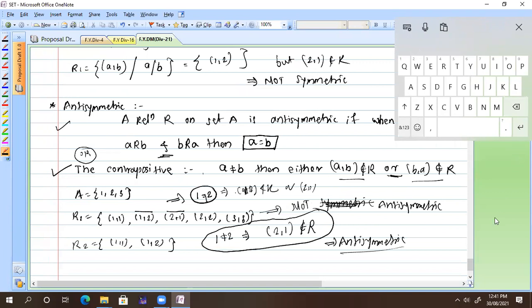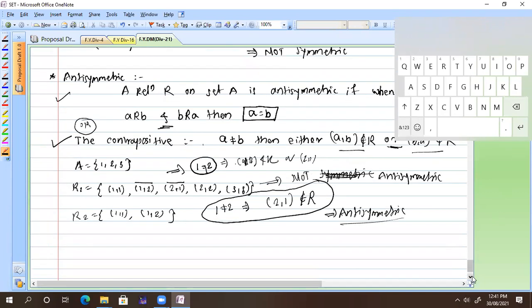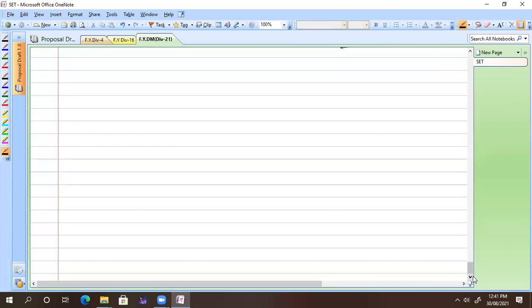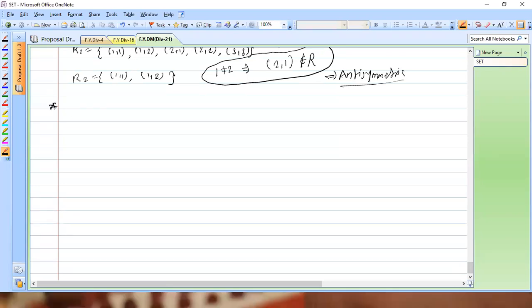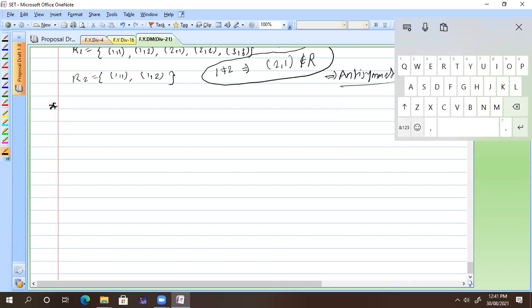Okay. So the next type is nothing but the transitive. Just write down that it is the third or fourth type. We have only 4 minutes left, so quickly I will give you the definition. It's very simple.